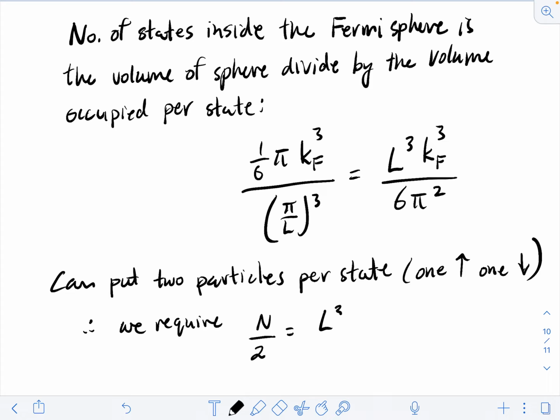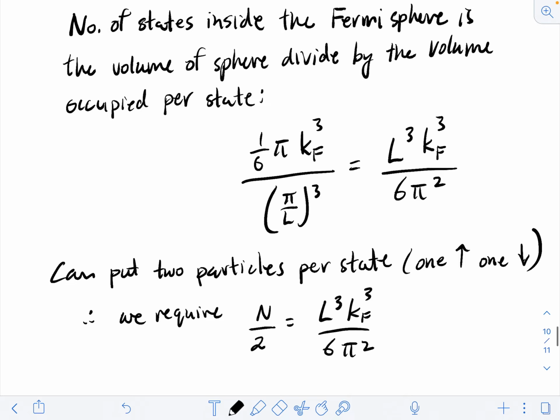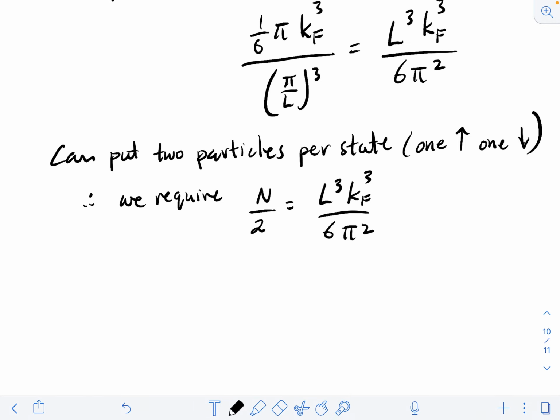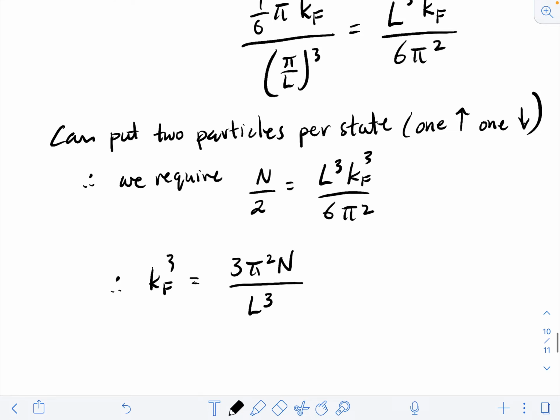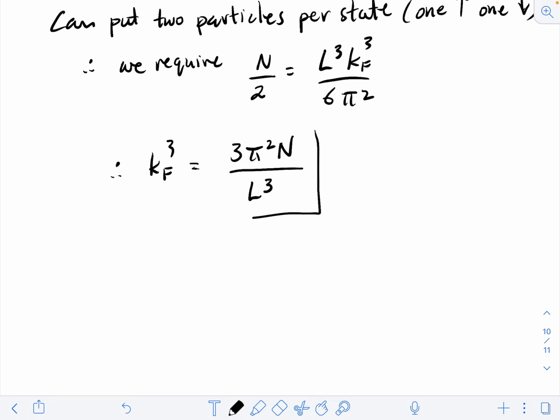And the number of states in our Fermi sphere is L cubed kF cubed over 6 pi squared. And so we can solve for our Fermi wave vector. kf cubed is then what? 6 divided by 2 is 3. We have a pi squared and an n over L cubed. Okay, so that's our Fermi wave vector.